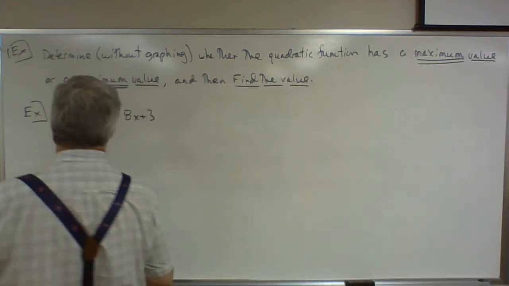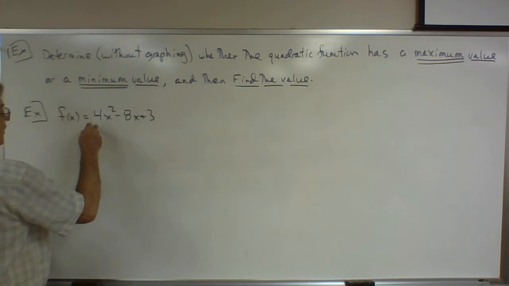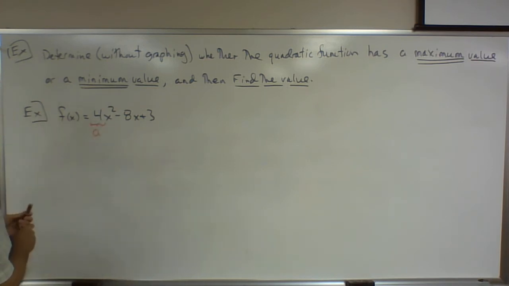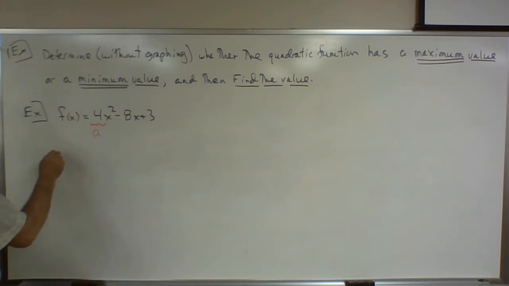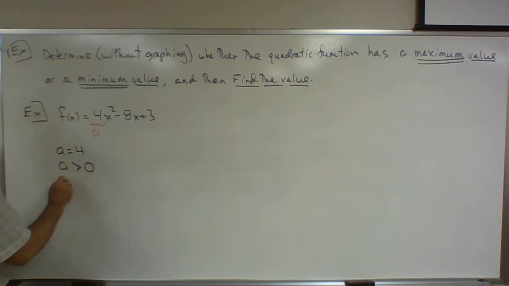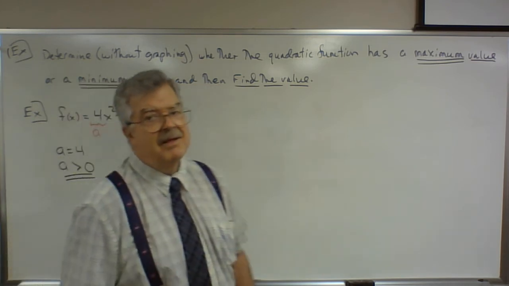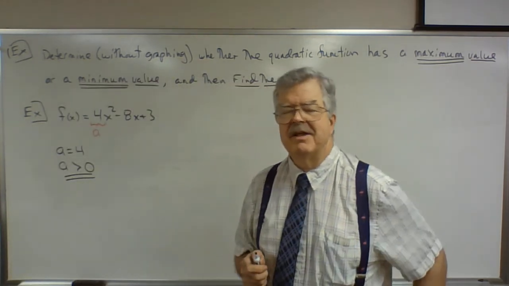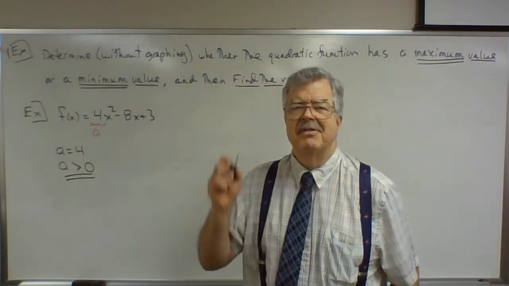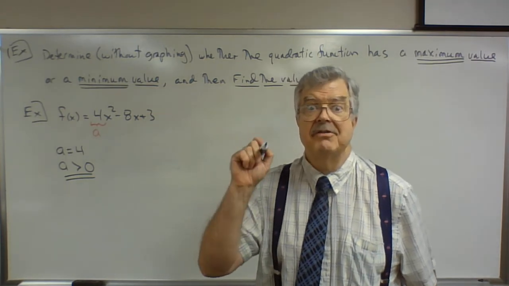The coefficient of x squared is always going to be a. a is equal to 4, but more important than that, a is positive. If a is positive, what does that tell us about the graph? The graph opens upward.